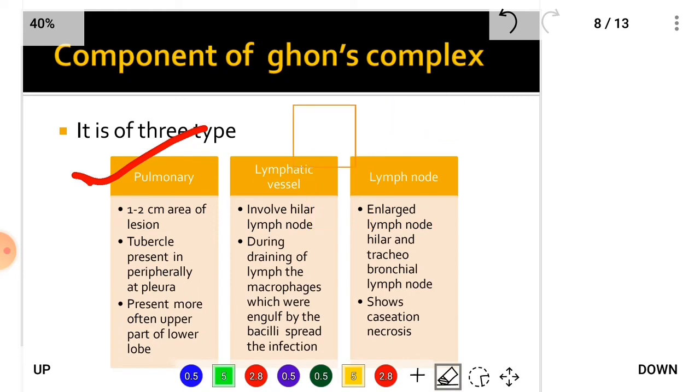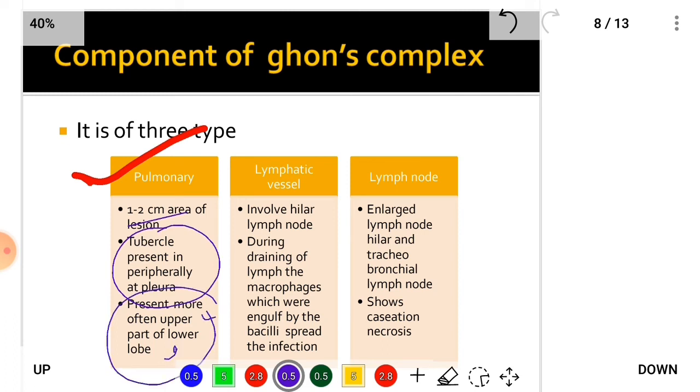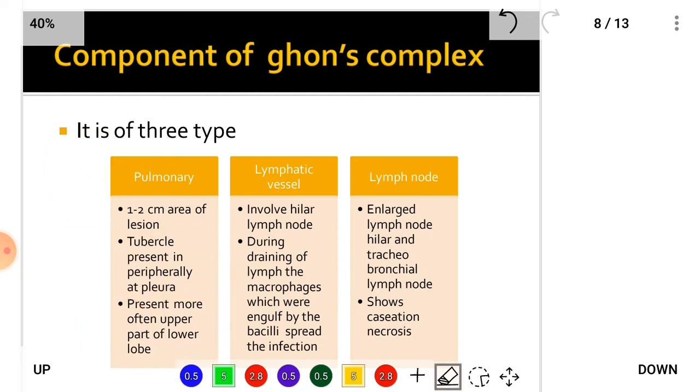So the pulmonary component, as I have said, this Ghon complex is nothing but the lesion. This lesion is of 1 to 2 centimeter area, the tubercle present in the pleura, and most often it is present on the upper part of the lower lobe. So this is the pulmonary component.